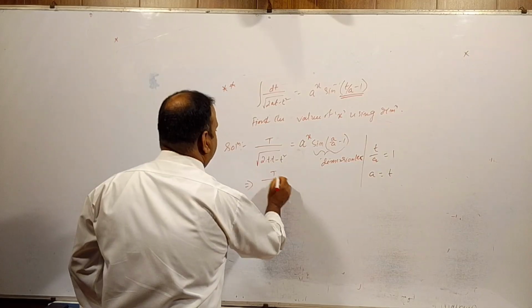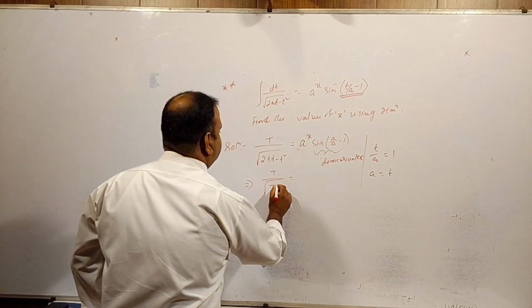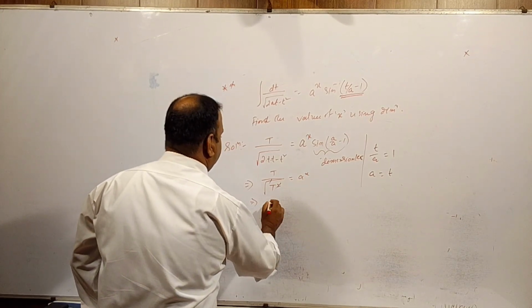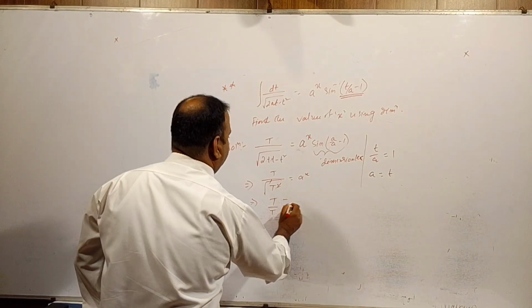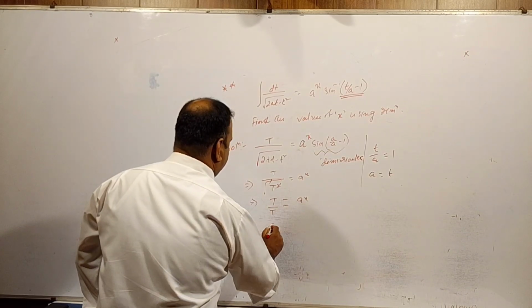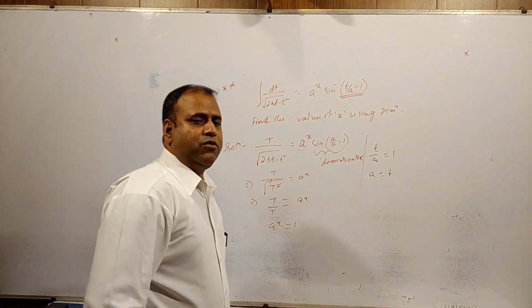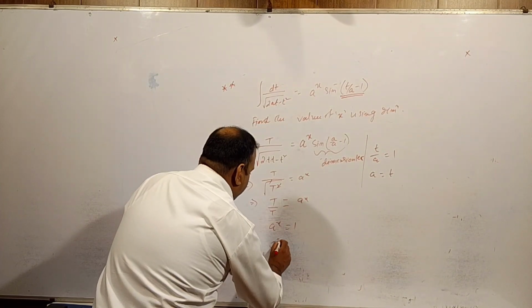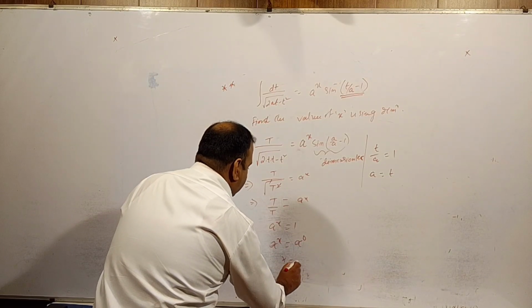Now it implies 2t square minus t square will be t square, and here a to the power x. So the square root cancels, and t divided by t is equal to a to the power x. That means a to the power x is equal to 1. But our aim is to calculate the value of x, so we can write a to the power x is equal to a to the power 0. So a cancels, x is equal to 0.